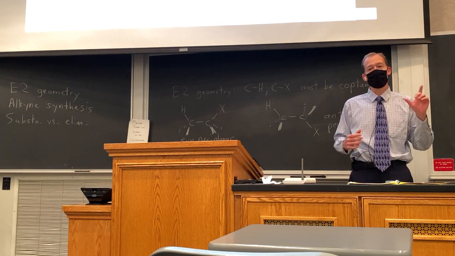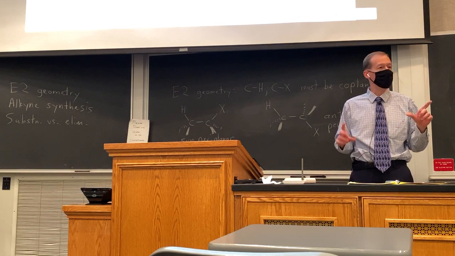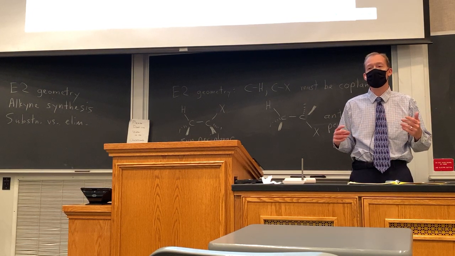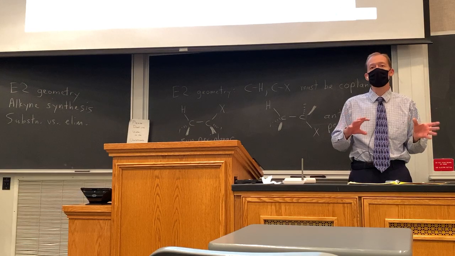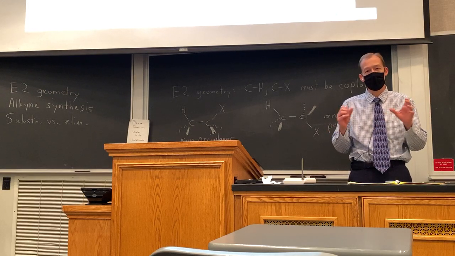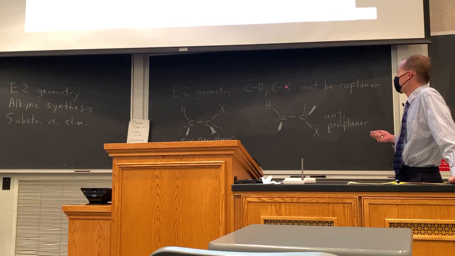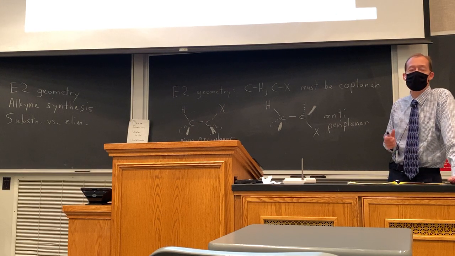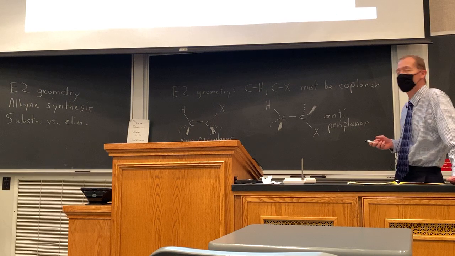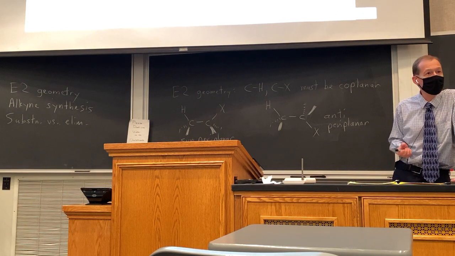Right? We're breaking a carbon-hydrogen bond and a carbon-halogen bond at the same time as forming a pi bond. And so in order for the orbitals to overlap to generate that pi bond, we have to have that carbon-hydrogen bond and that carbon-halogen bond in the same plane. Coplanar means in the same plane.